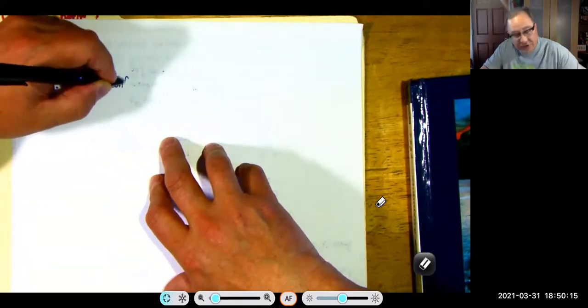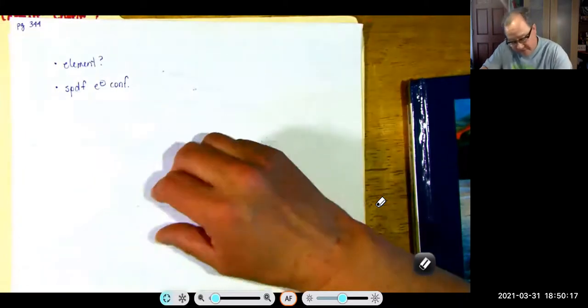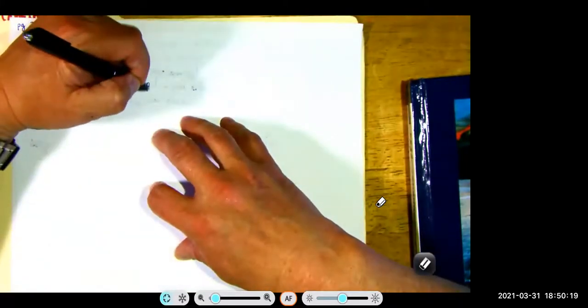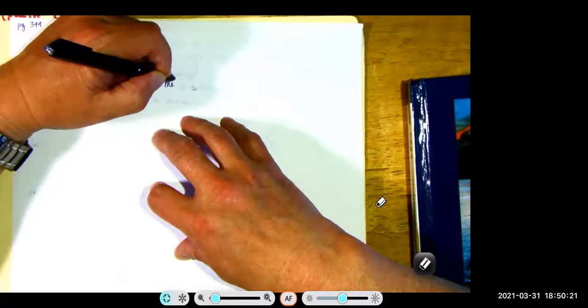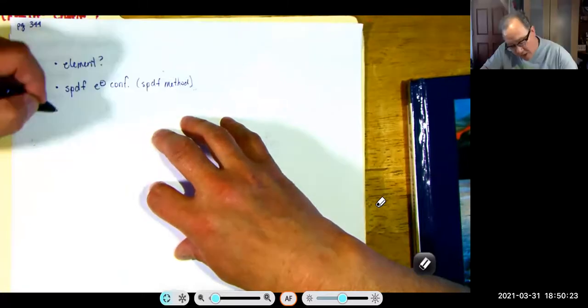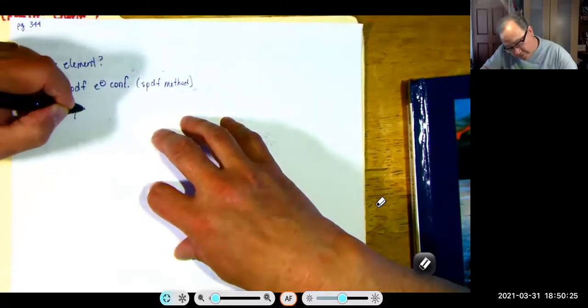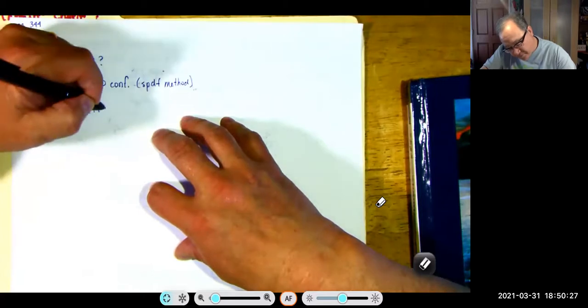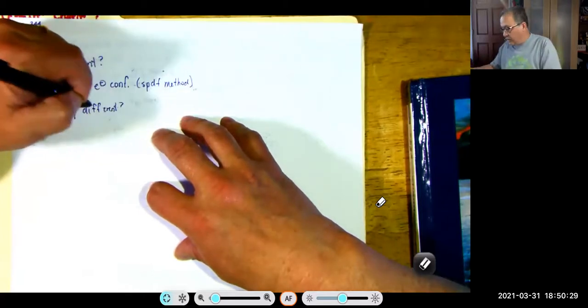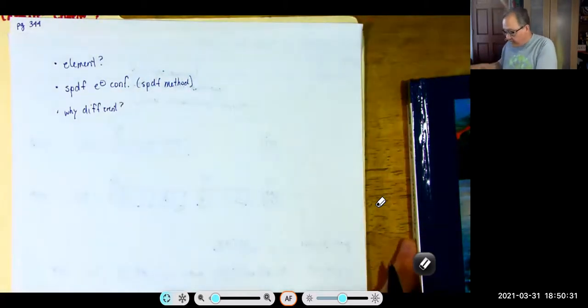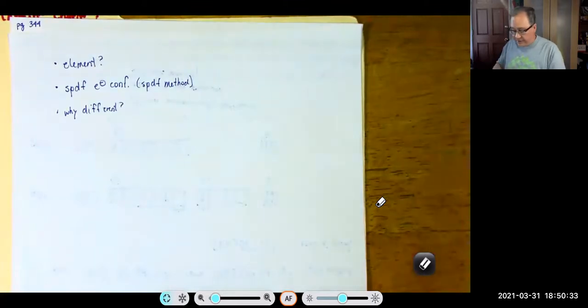So that means using that SPDF method, where we read it off the periodic table. And 3, why are they different? Remember, I'm not going to tell you what element this is. I'm just going to give you the electron configuration.